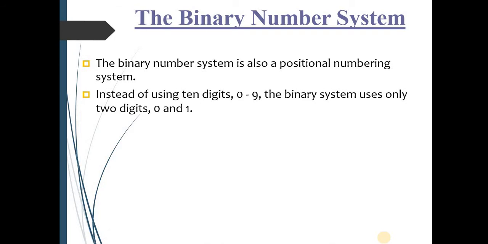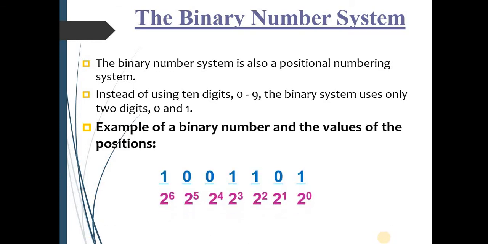It is also a positional numbering system, and like the decimal system, the binary system also uses digits, like 1 0 0 1 1 0 1. So this is a binary number, and its positions are represented like this: 2 raised to power 0, 2 raised to power 1, then 2, 3, 4, 5 and 6. So the last digit is on the 6th position.